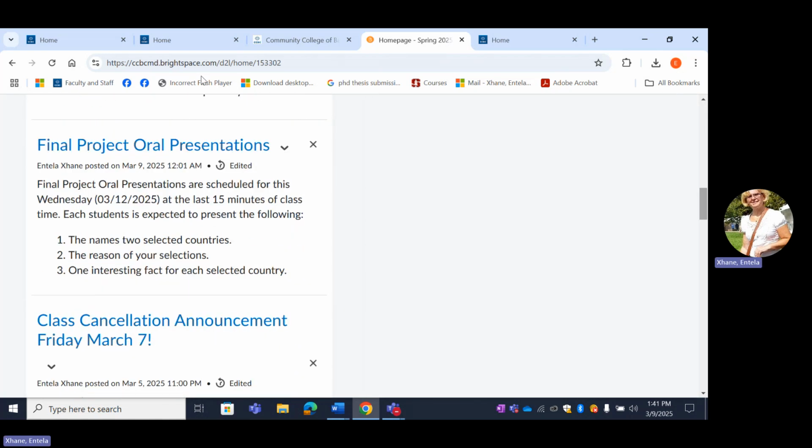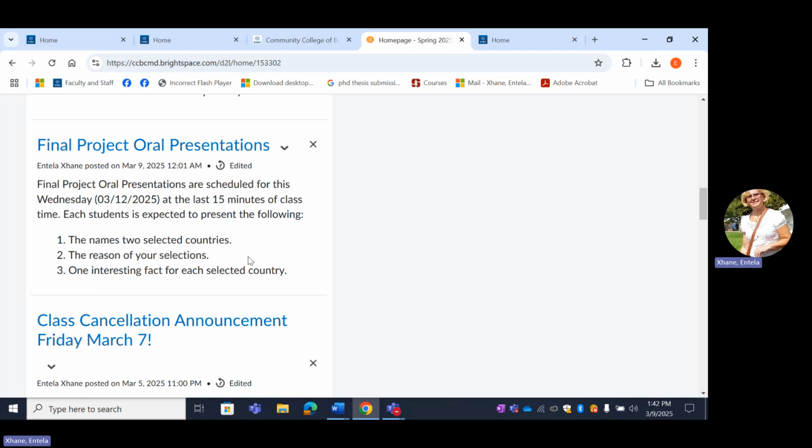And then what you do with the selection. Once you select them, you're going to do that short, very informal presentation. You're sitting where you are, and then you're reading through the index card, simply sharing with everyone your selections. You don't have to explain for which project you selected. You have to say, these are the two countries that I selected. A very simple reason.